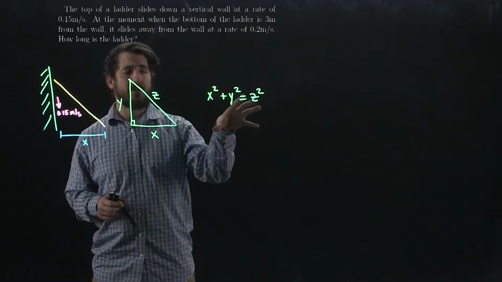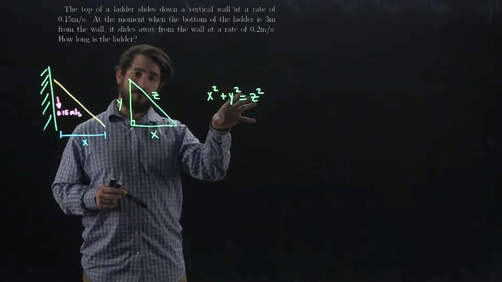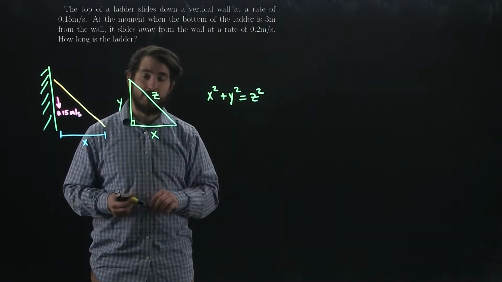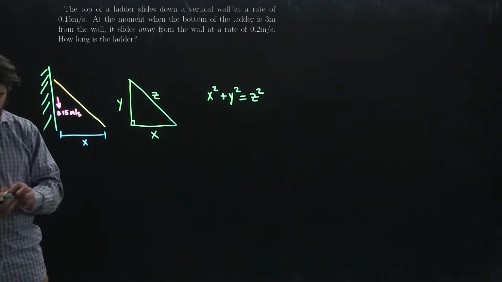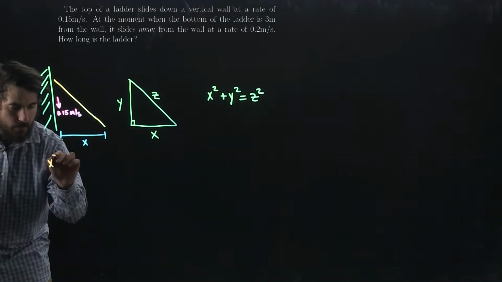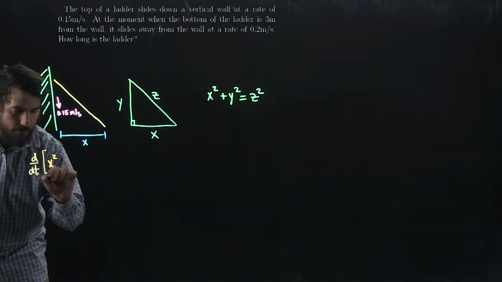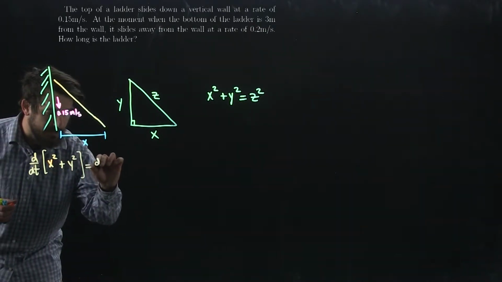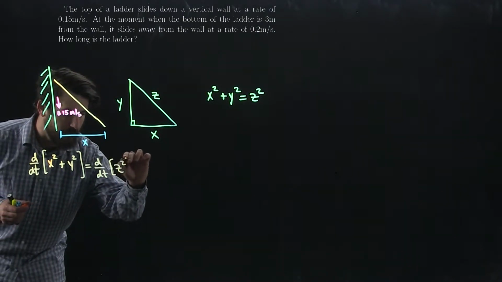So now that I have an equation, I want to take the derivative with respect to time of the left and right sides of this equation. So let me rewrite the equation here: d/dt of x squared plus y squared equals d/dt of z squared.